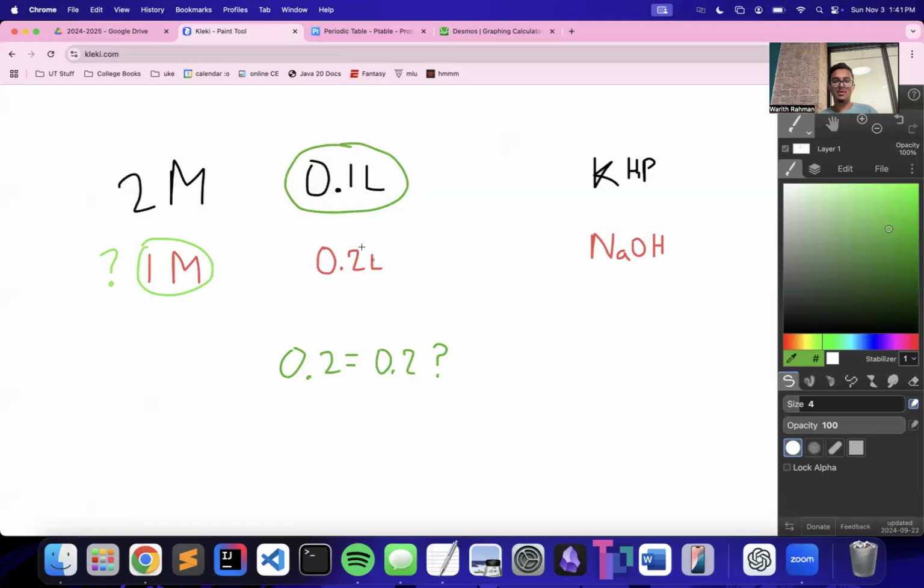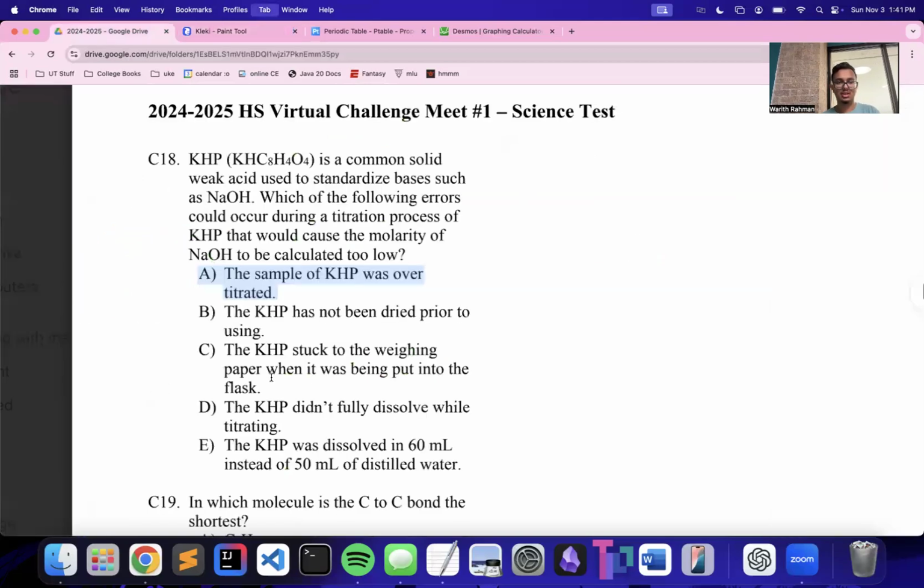And we would be adding the same amount of NaOH. So if this value became bigger, then this value would also have to increase. Even though we think it's a 2 molar solution of KHP, because it didn't dry, it's actually less than 2 molar. So the volume that we measured is slightly more, and we would end up calculating that with the same NaOH, we would need a bigger molarity. So that makes B incorrect.